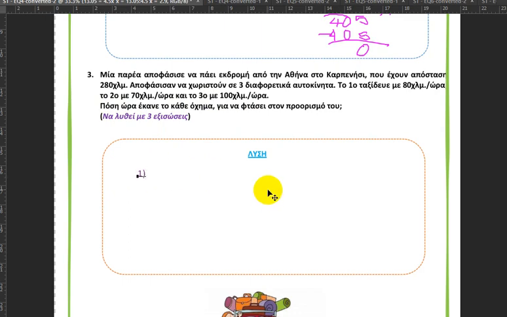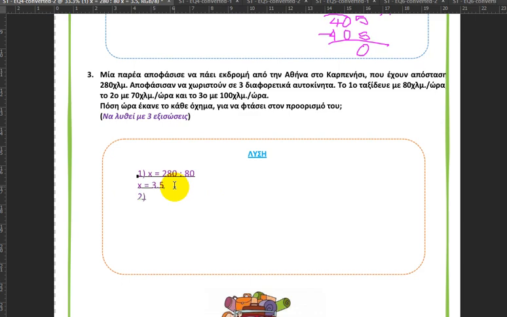So say for the first one, x would be equal to 280 divided by the speed, so 80. So in that case, 280 divided by 80 would give us 3.5. So 3.5 hours.